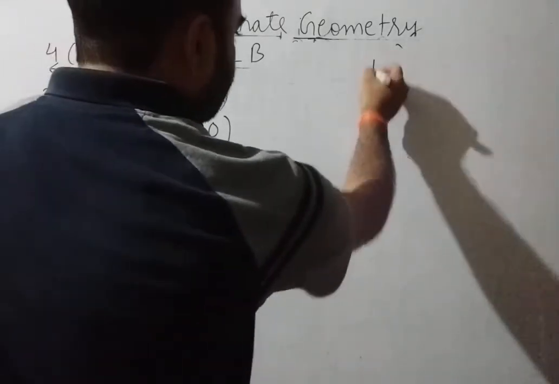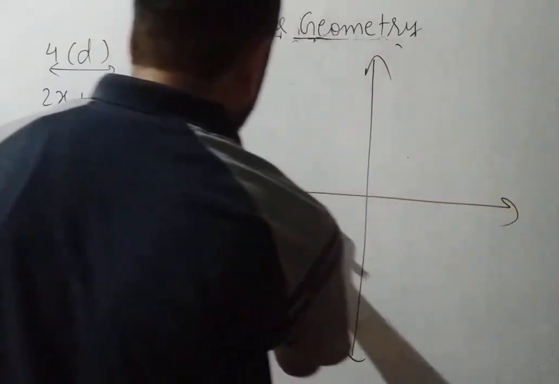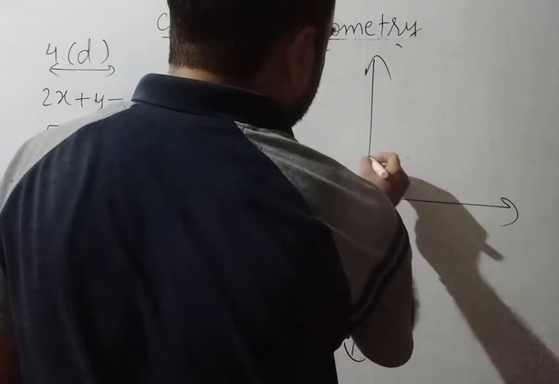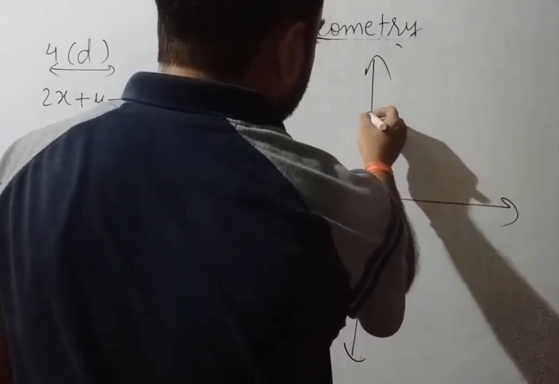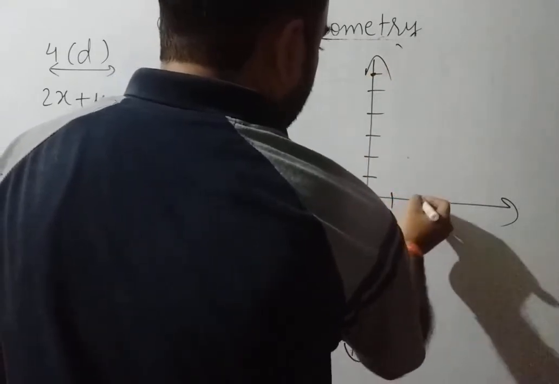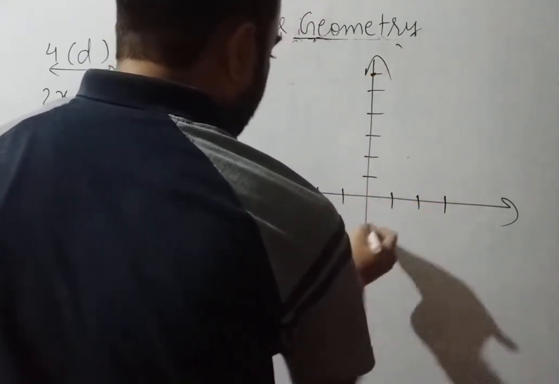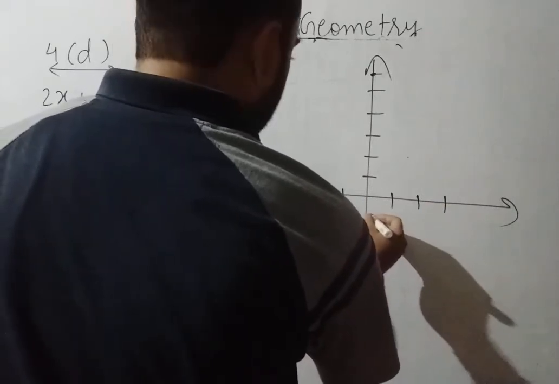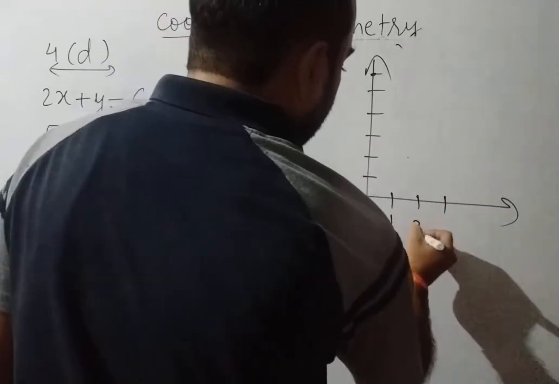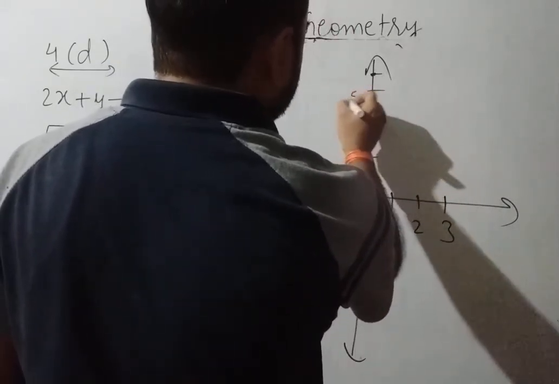Now plot. For 0, 6 and 3, 0, we can take 1, 2, 3, 4, 5, 6 on the positive axis, and minus 1, minus 2, minus 3 on the negative side.